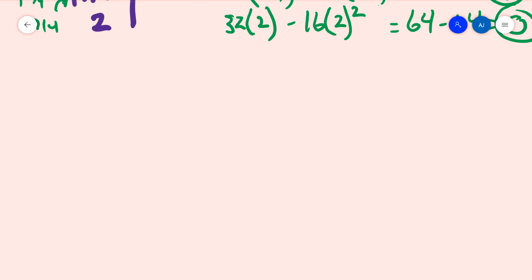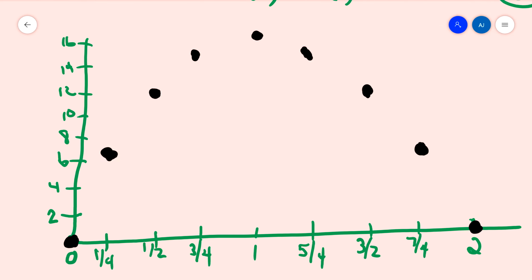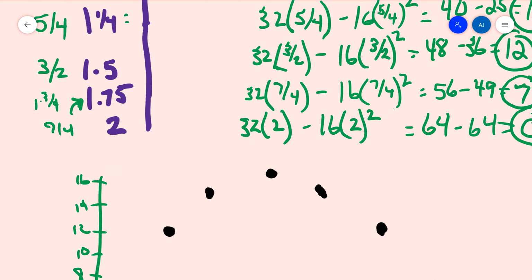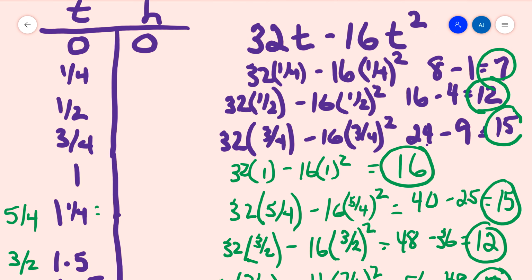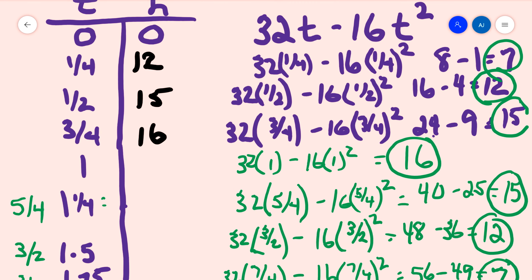Okay, and here is our graph of this function taken from our table of values. I could have listed them here, actually. 0, then the 12 would go here, 15, 16. No, 0, I forgot the 7.